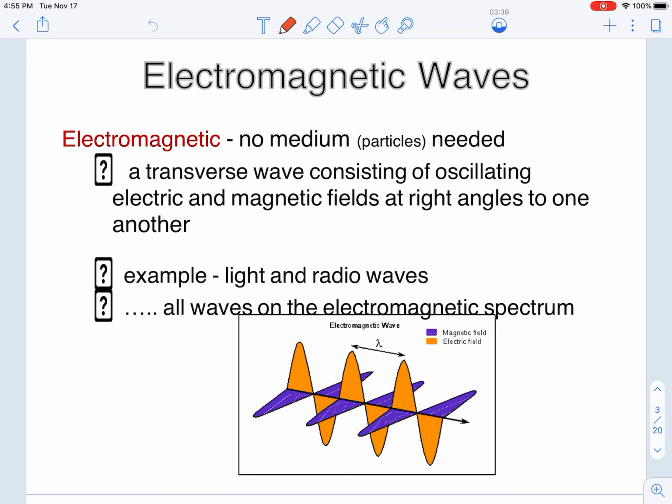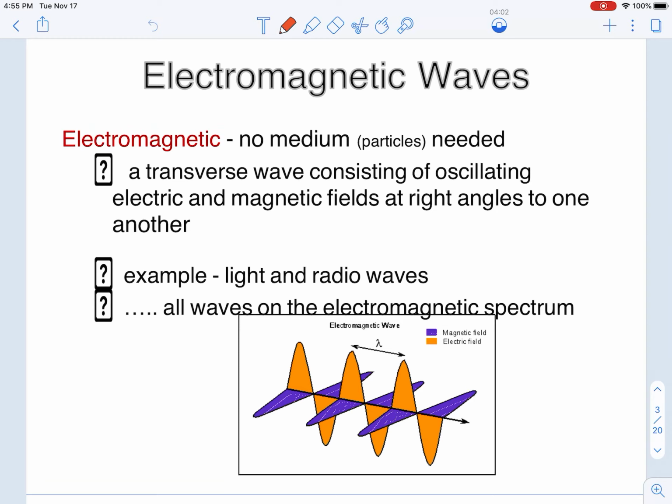If we were to assign an axis for each of these fields, we would say, according to this diagram, that my electric field is oscillating in the y-axis, and my magnetic field is oscillating in the x-axis, and so they are perpendicular to each other.